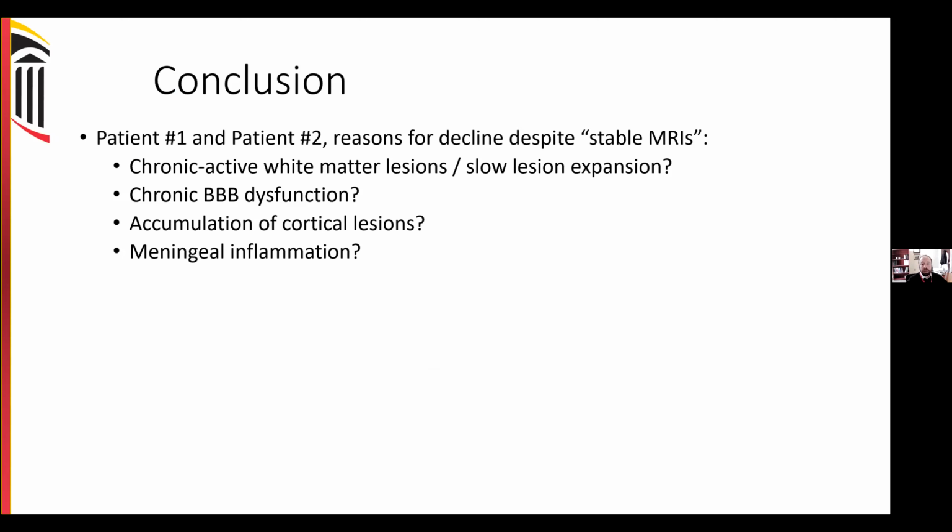So things like chronic active white matter lesions, maybe slow, minuscule enhancement of those lesions within those patients, chronic breakdown of the blood-brain barrier and all of its potential consequences, accumulation of lesions within the cortex that we're just not really seeing or quantifying on their MRIs, and then the consequences of meningeal inflammation.